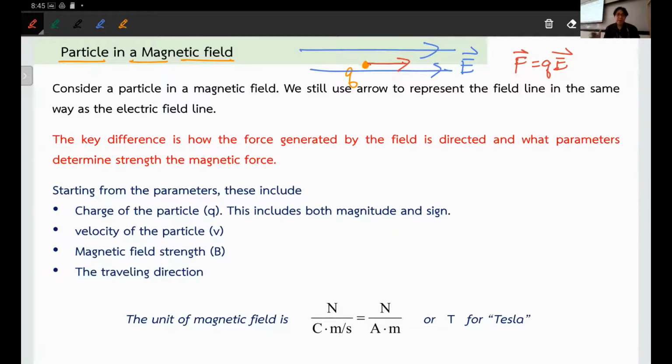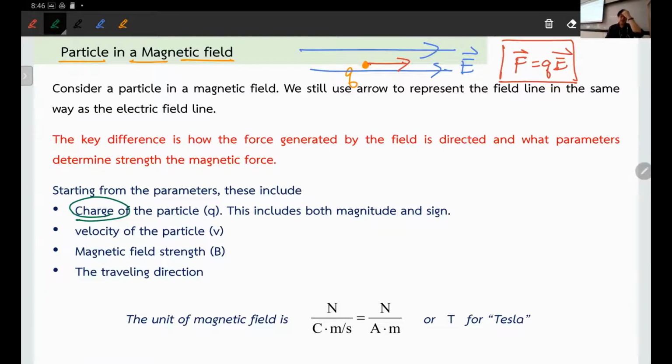So what we are about to do right now is look at what's happening to the particle in the magnetic field. The key concept is to calculate the force once again. But how can we calculate that force when it's not simply the product of the charge and the field anymore? The requirement is the following. First, of course, you need a charge.